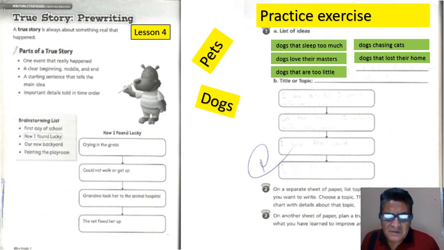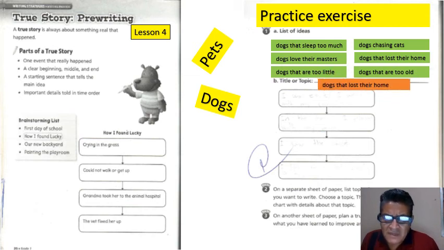Dogs that lost their home. Sometimes dogs, when they go outside the house, they cannot come back, and they have a difficult time coming back to the house. Dogs that are too old, and many more. So we need to select one of these to talk about. So we decided to select this one, dogs that lost their home.